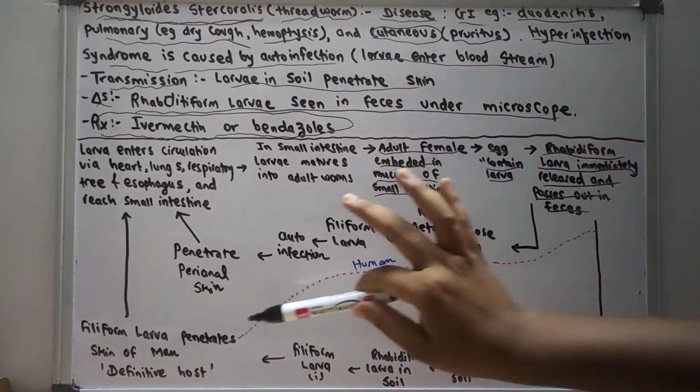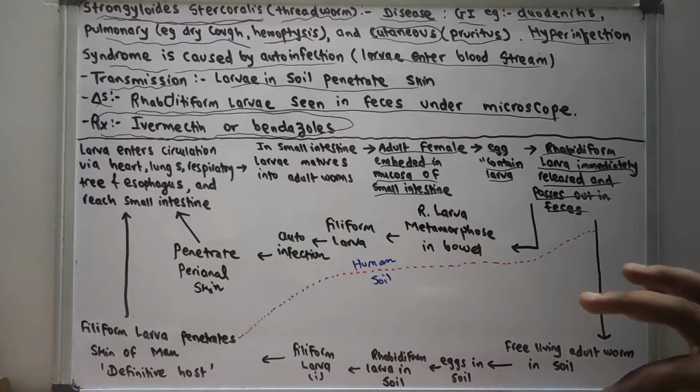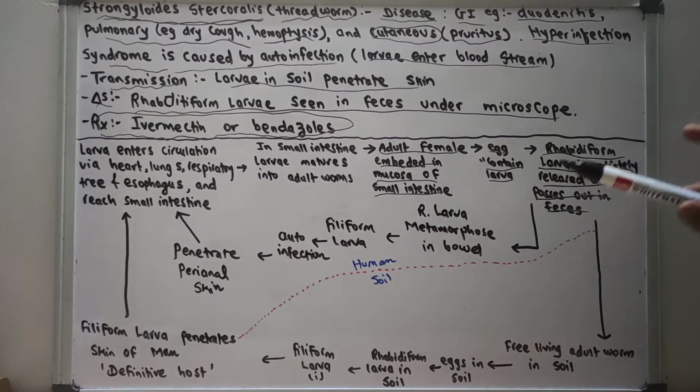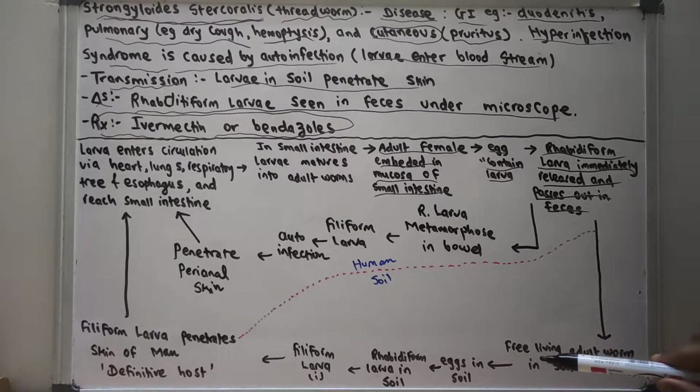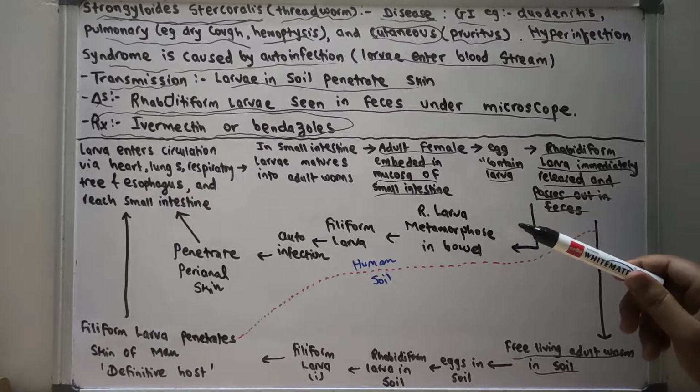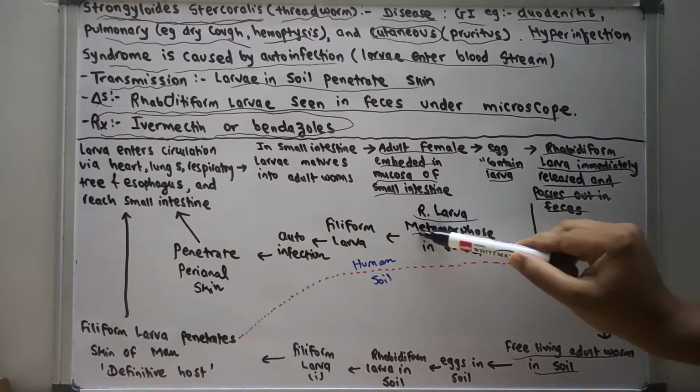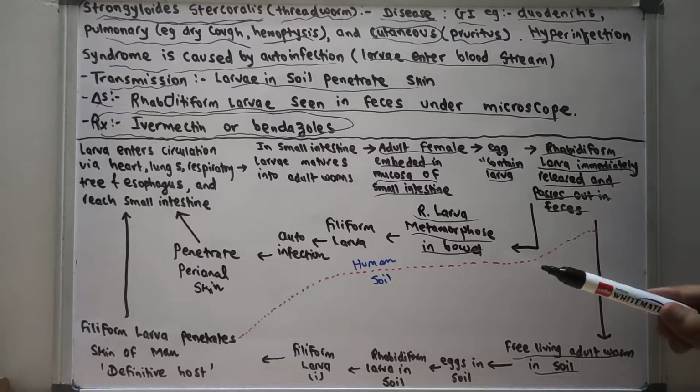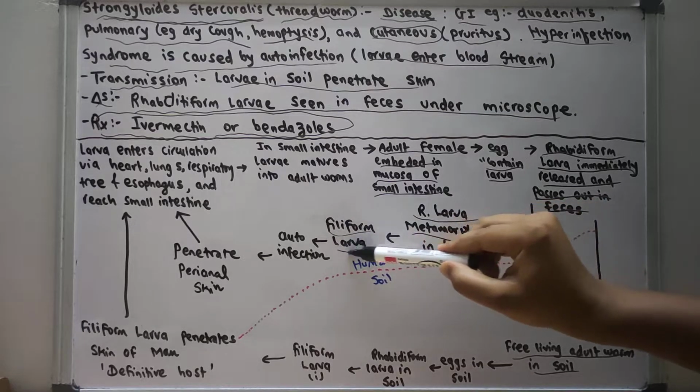Now let us discuss what happens inside the human. Some of the rhabditiform larvae pass out in the feces, and these rhabditiform larvae morph into adult worms in the soil, and there is a free living adult worm in the soil. But some of the larvae remain inside the bowel, and that rhabditiform larva metamorphoses into the filiform larva.